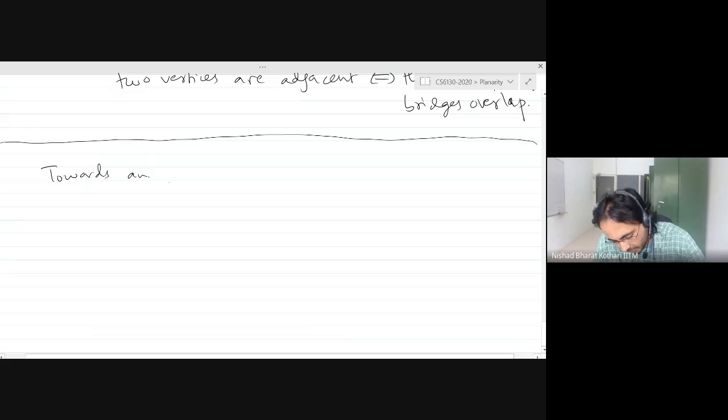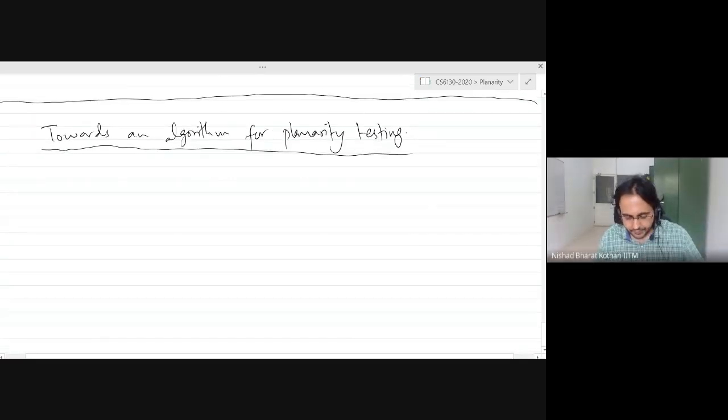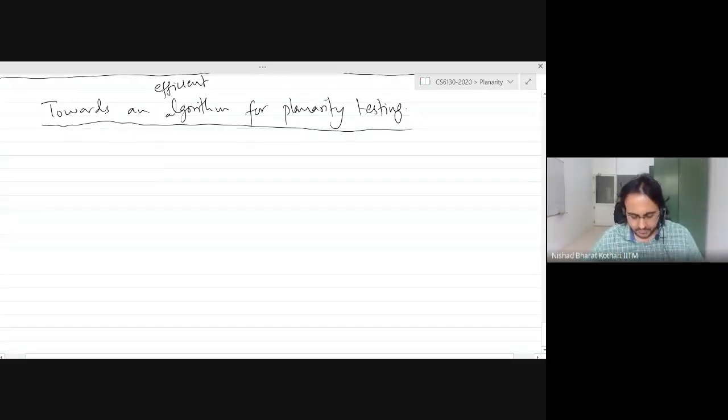Towards an algorithm for planarity testing. So the decision problem is generally called planarity testing. Let me just say efficient algorithm, and then we will talk about polynomial time later.